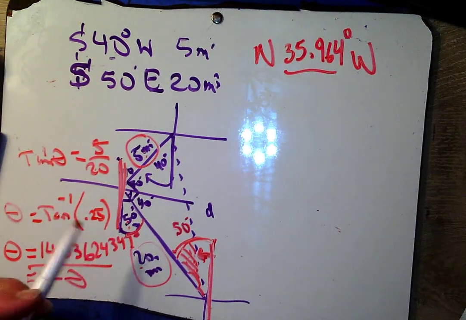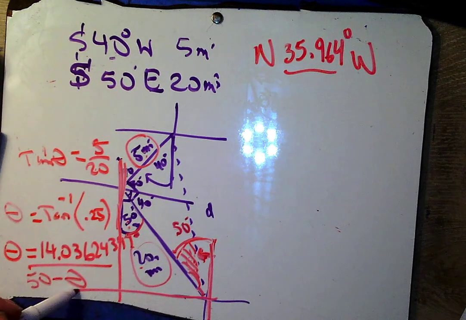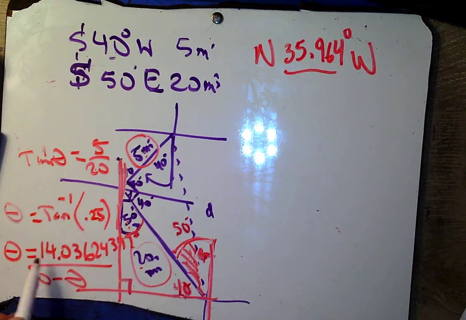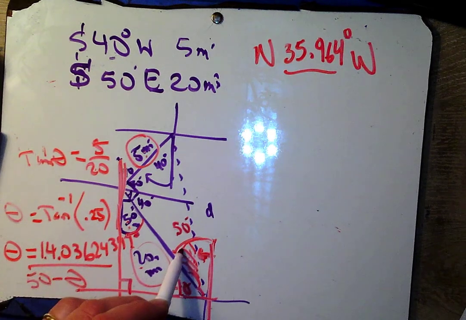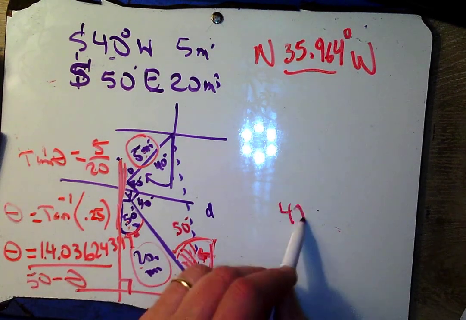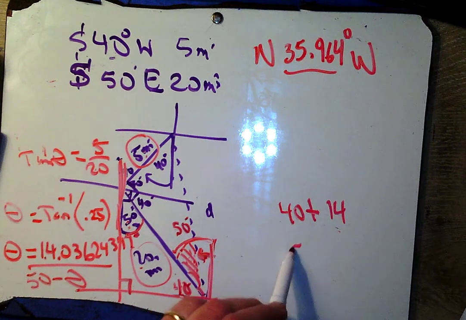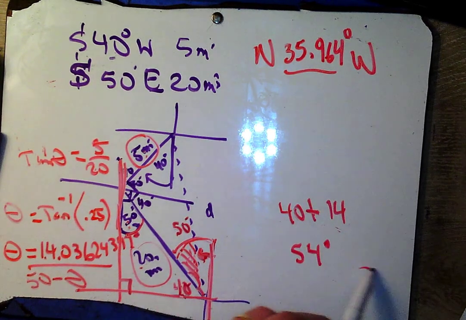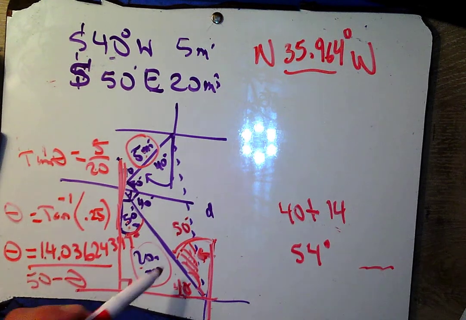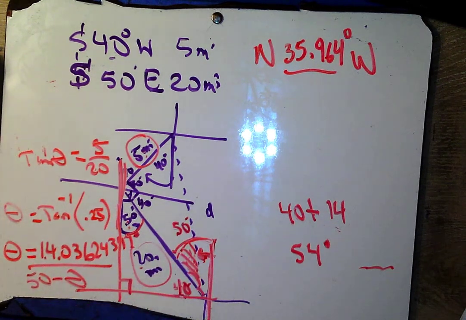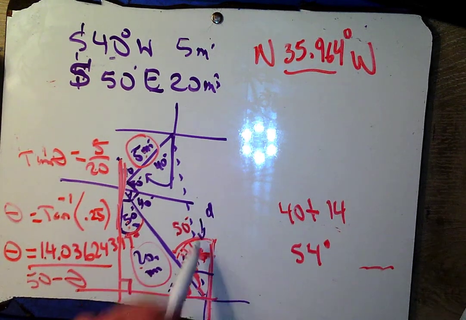I was also thinking of doing this problem where I extend the compass roses to make right triangles. So this would be 40. And if I take my 40 plus the 14, that's 54 degrees, and a little bit more because this was decimal. But look, there's a right angle here, and so if this one and this one are known, I can subtract these two from 90 to get this missing one.